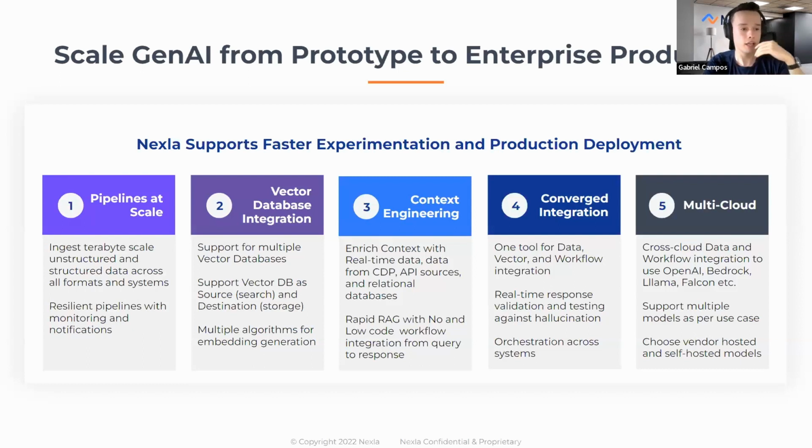It enables teams to experiment, compare models, and choose the best fit for their use case, whether vendor or self-hosted. Before closing the session, I must remind you that we will email you the slide deck and additional resources so you can easily get started with building your own RAG workflow.